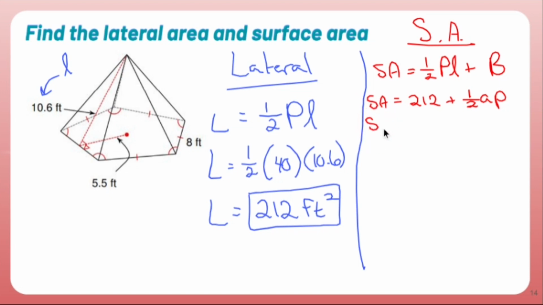So my surface area is going to be 212 plus 1/2 times my apothem, which is 5.5, times my perimeter, which I already found out earlier to be 40.